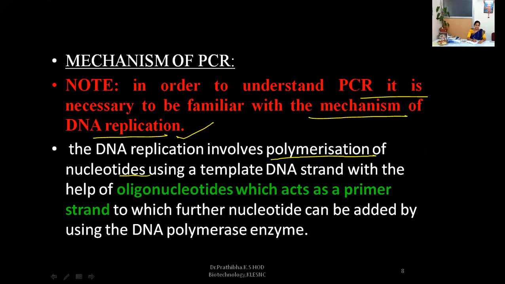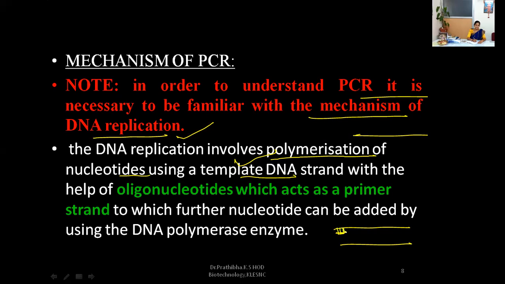DNA replication involves polymerization of nucleotides using template DNA. What do you mean by template DNA? Template DNA is the single stranded DNA strand, with the help of oligonucleotides, which act as the primer strand to which further nucleotides can be added using the DNA polymerase enzyme. So in replication, if this is the DNA molecule, they need the primer.